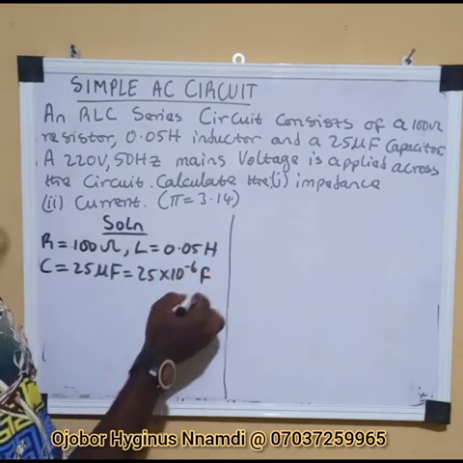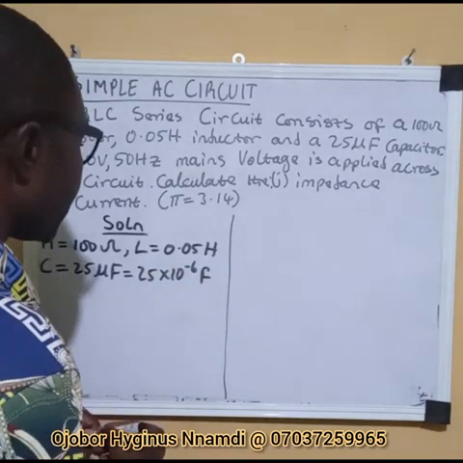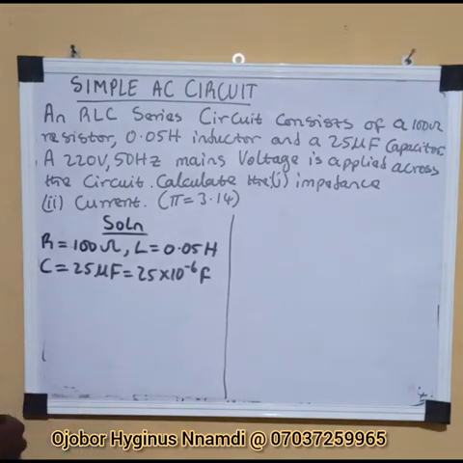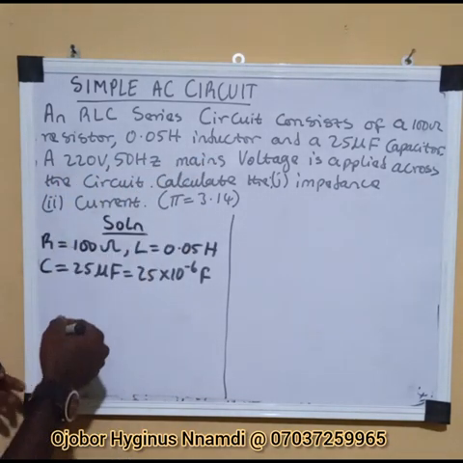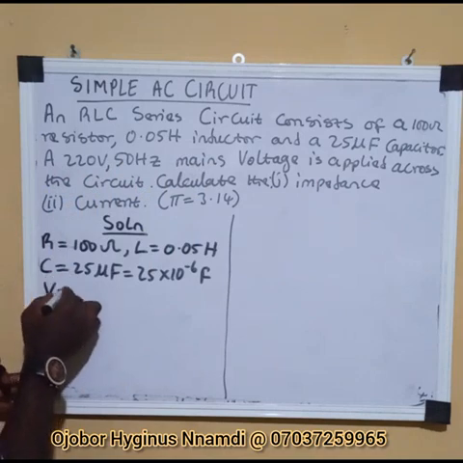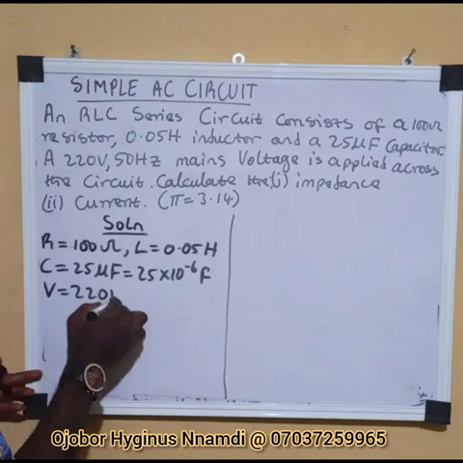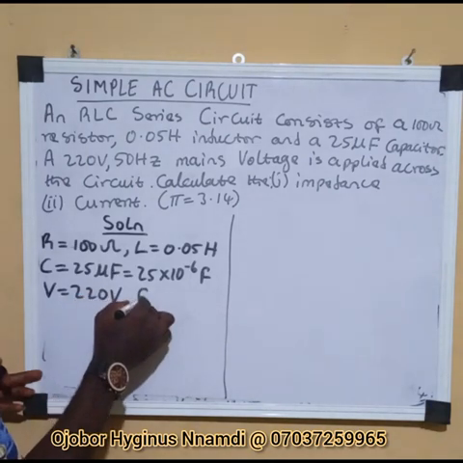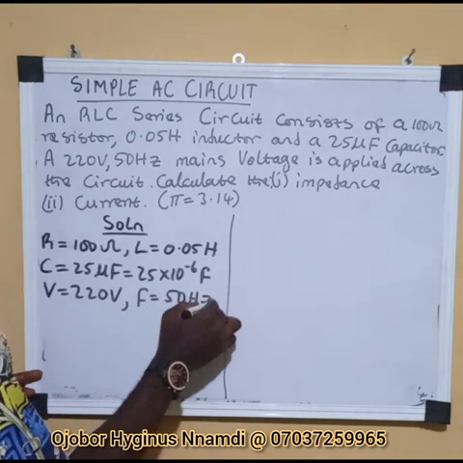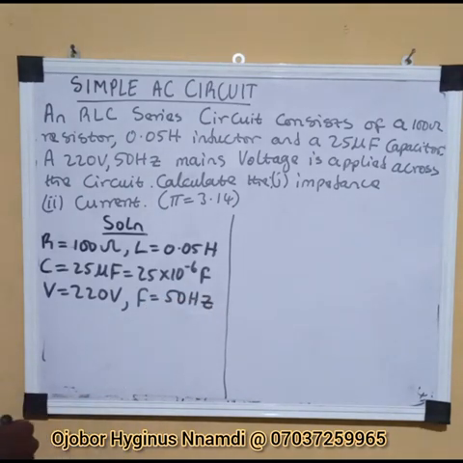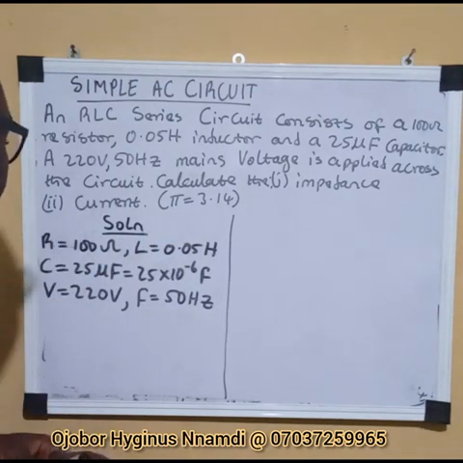So this is 25 times 10 raised to the power minus 6 farad. A 220 volt, 50 Hz voltage is applied across the circuit. The voltage is 220 volts, while the frequency is 50 Hz. Calculate the impedance and the current.